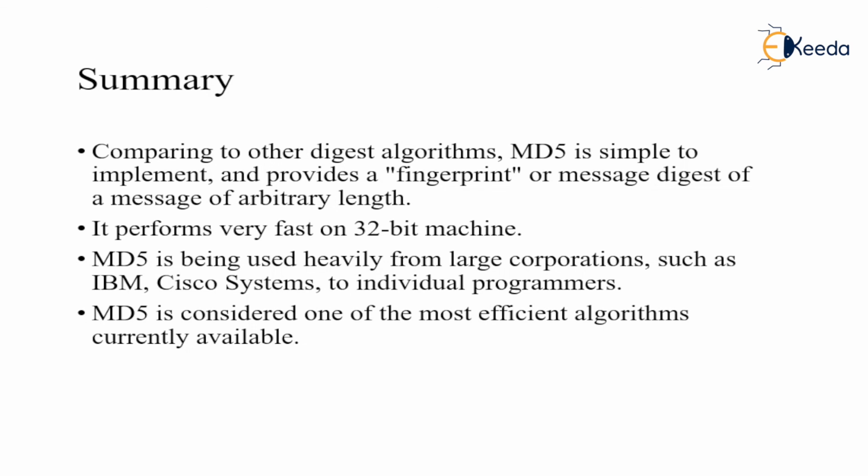MD5 is heavily used from large corporations like Cisco Systems and IBM to individual programmers also, because it has greater functionalities to implement the hashes, and it is much faster than the others. MD5 is considered one of the most efficient algorithms currently available in the market.